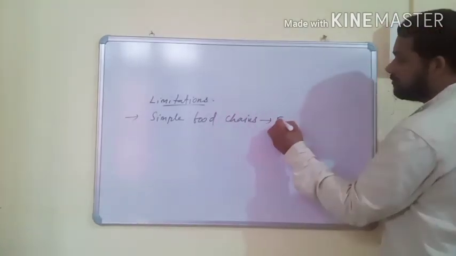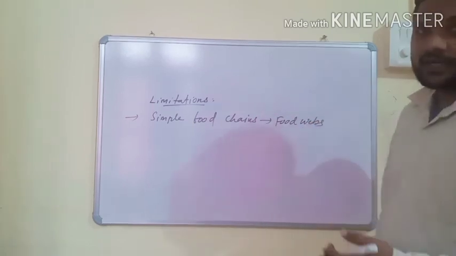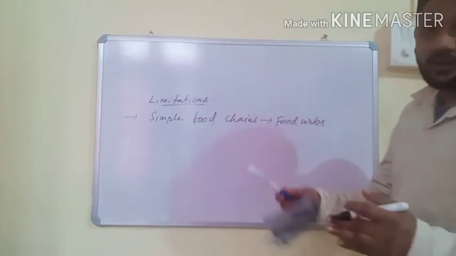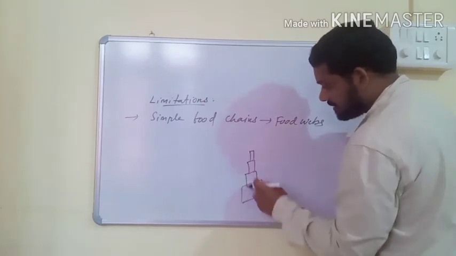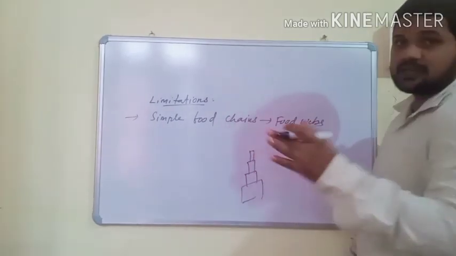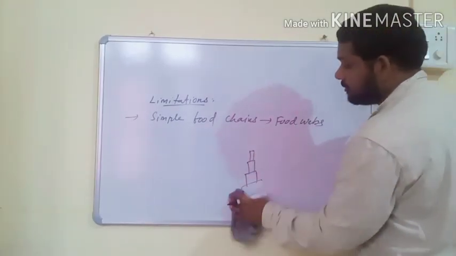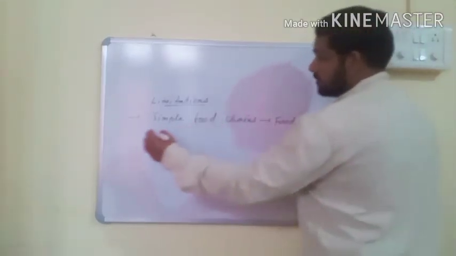Instead, food webs are present, because food webs provide alternate sources of food. This is one of the limitations of ecological pyramids.